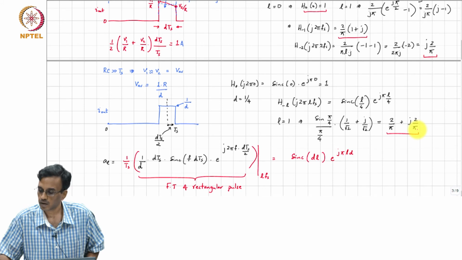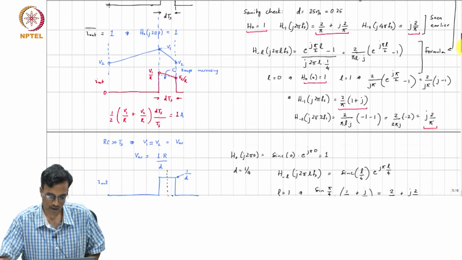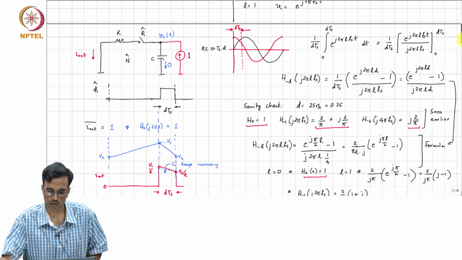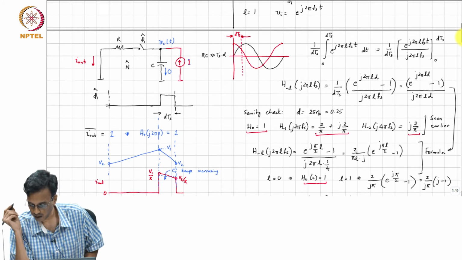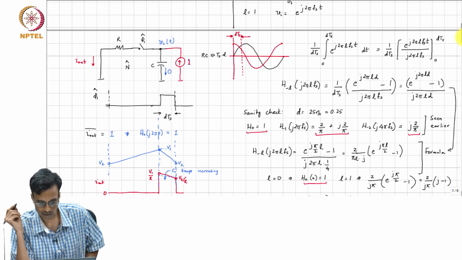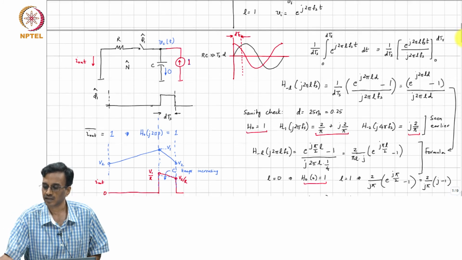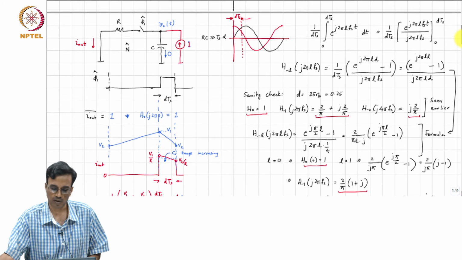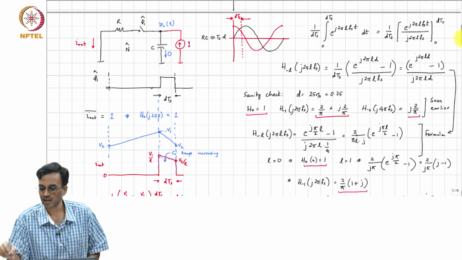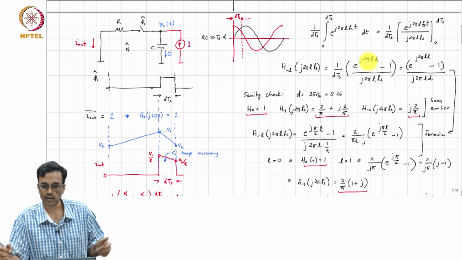Okay. So, that shows another example where we use the concept of adjoint. In this case the circuit was straightforward enough that we could get the answer with the regular method.